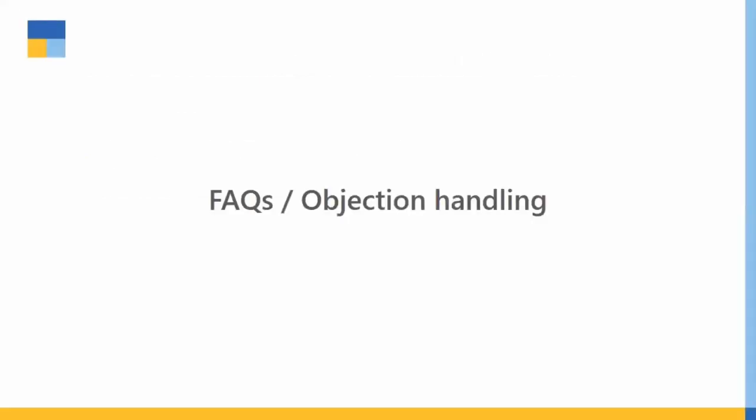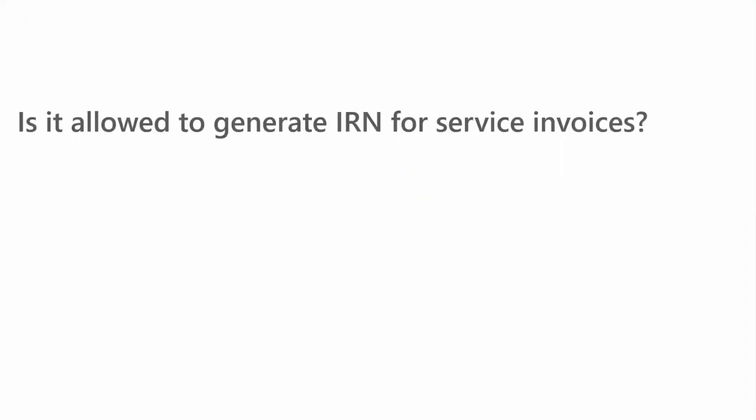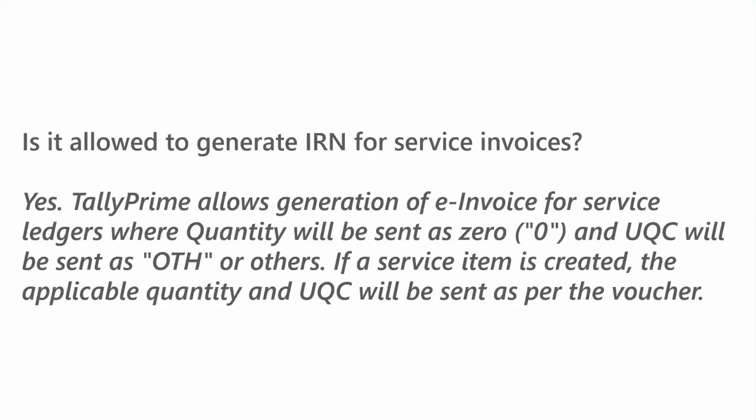Let me take some more FAQs. Somebody asked, is a service invoice compulsory? Yes. The only thing is that you will have to mention 0 as the quantity, and the UQC will be others. Friends, there were some challenges in 3.0, and for service invoices, 3.0.1 has now been made available.